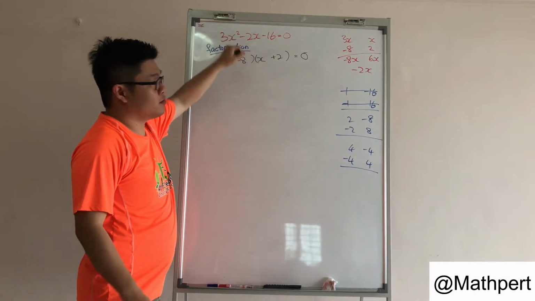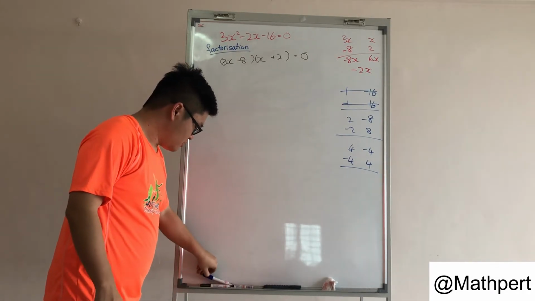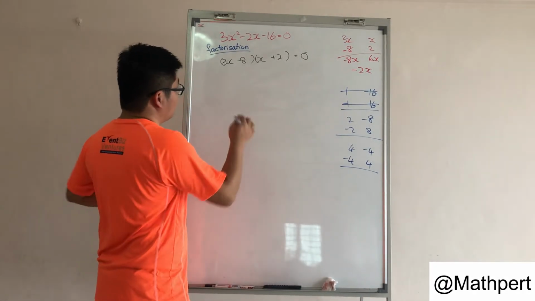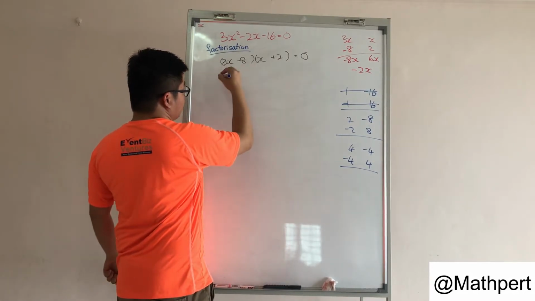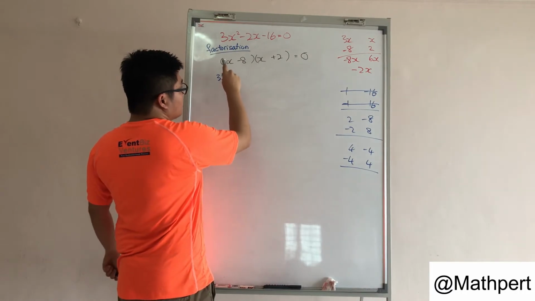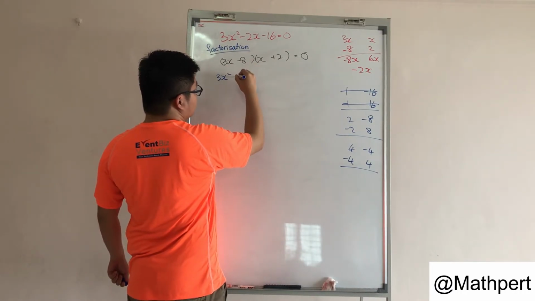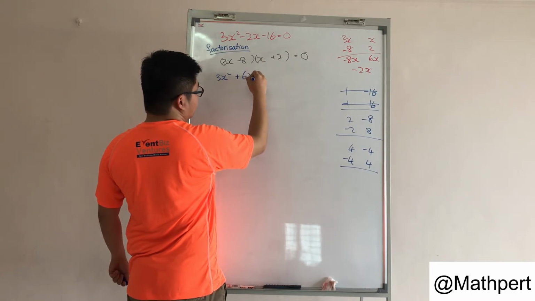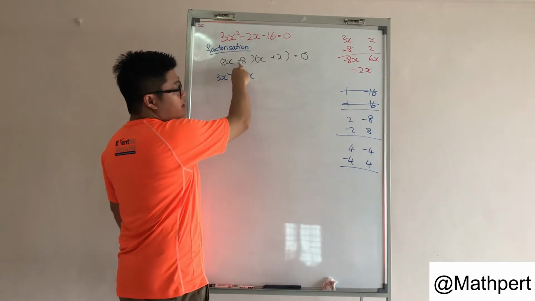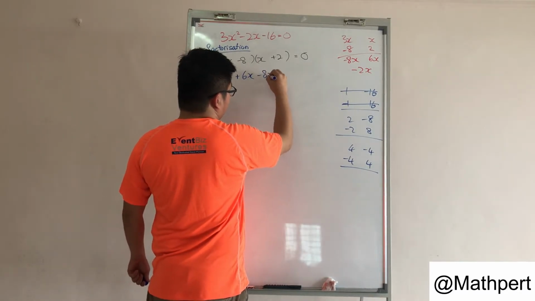We expand this. 3x multiply x will be 3x squared. 3x multiply 2, we have 6x. Negative 8 multiply x will be negative 8x.